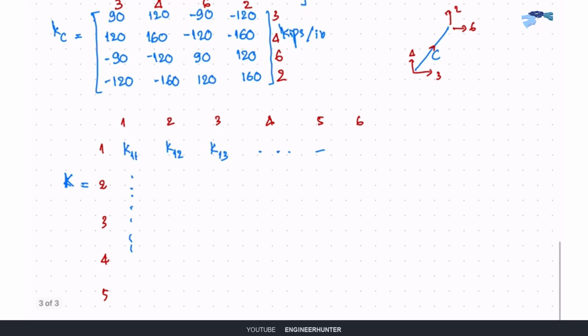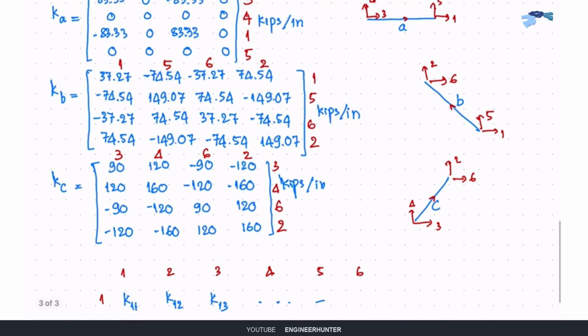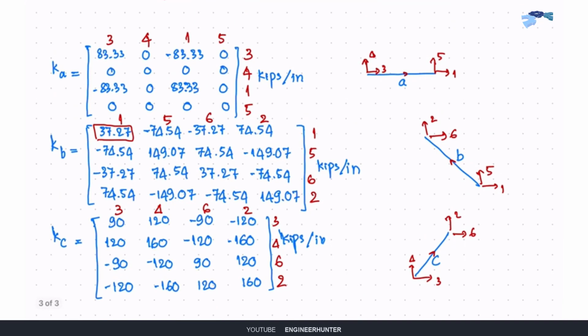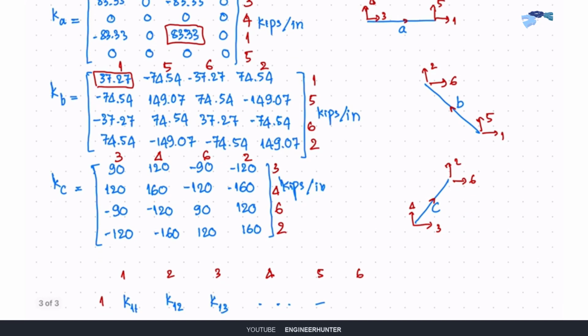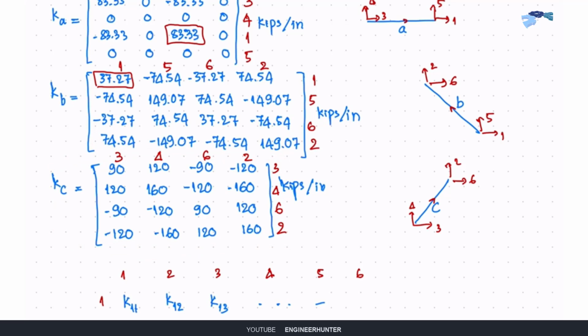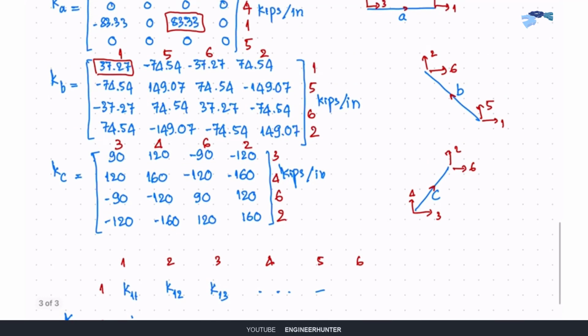Now to find the value K11, you need to do the summation. So this is the K11. We have K11 here, and for this matrix here, it doesn't have K11, so we don't have to take any number from this. So we only need the value here and here, and we can do the summation.